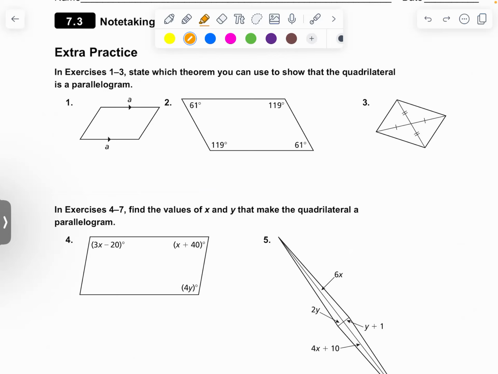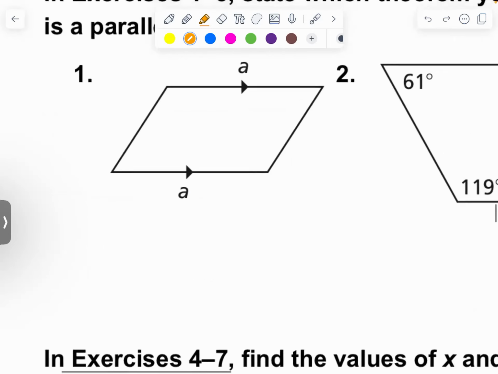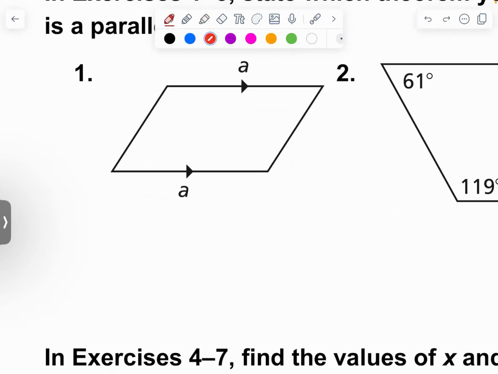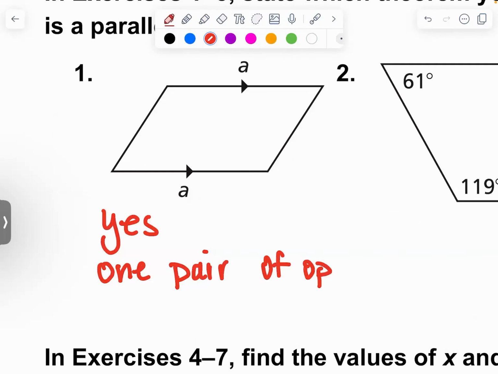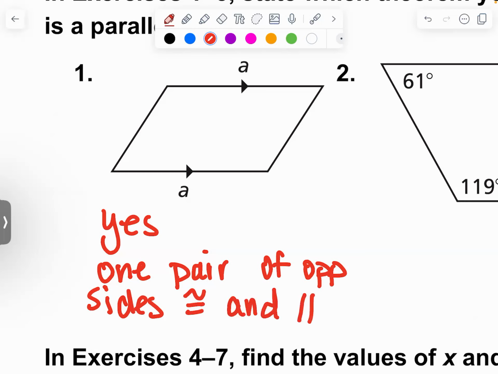Okay, is number 1 a parallelogram? Yes. We have one pair of opposite sides that are both congruent and parallel, because A equals A, people.